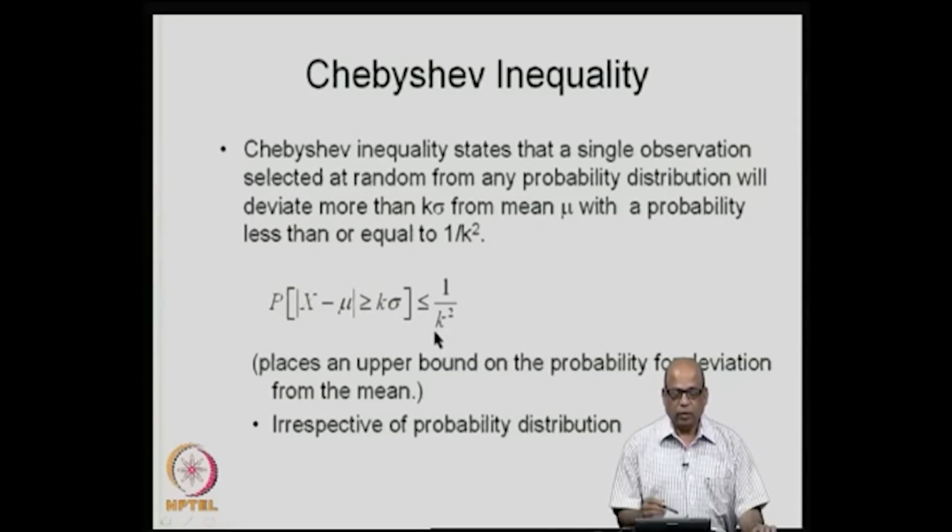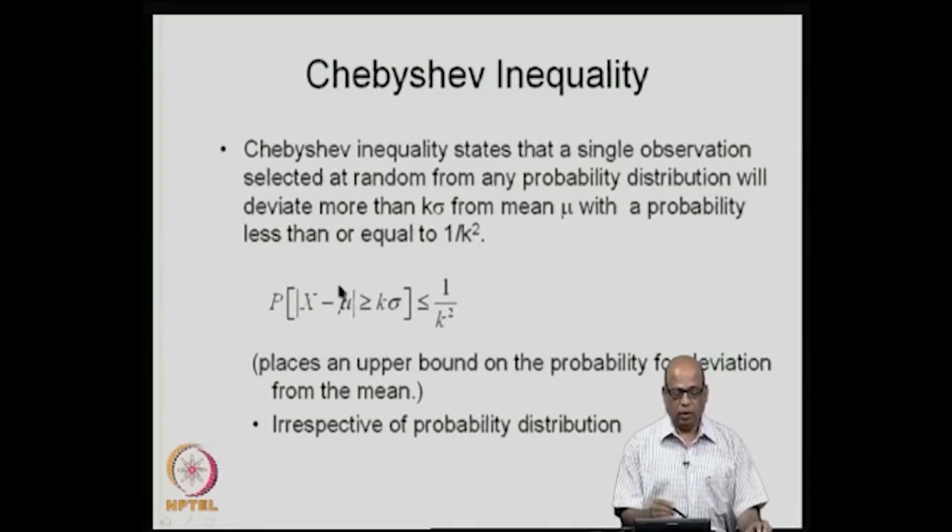So, here we are interested in the maximum probability with which a given value of x will differ from its mean by more than k sigma, let us say more than 1 sigma, 2 sigma, 1.5 sigma, etc. So, we are interested in how far the deviation is, and what is the maximum probability that it will differ from its mean on either side.